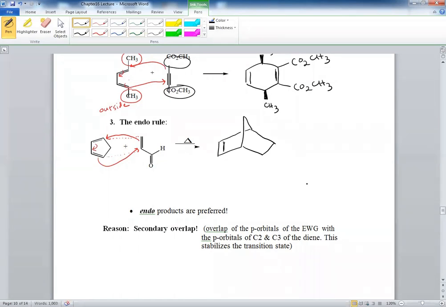Okay, so when you get to this point, you have a choice. This group right here, the aldehyde group, formyl group, is either going to be up or down. So endo would be this way.